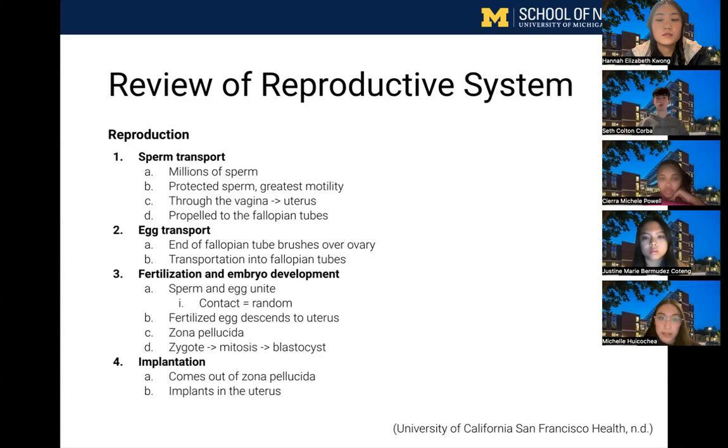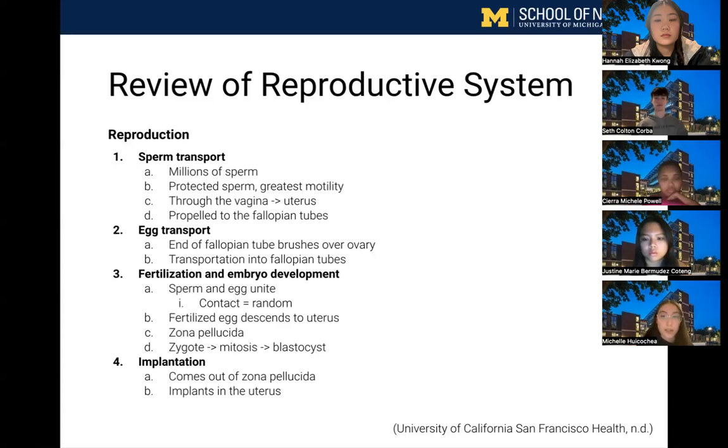And in the fertilization and embryo development stage, the sperm and the egg unite, and their contact is pretty random. The fertilized egg will then descend rapidly into the uterus. The egg also has a membrane called the zona pellucida. It has sperm receptors that recognize human sperm, so it will protect the egg from being penetrated by another sperm once it has already been fertilized.